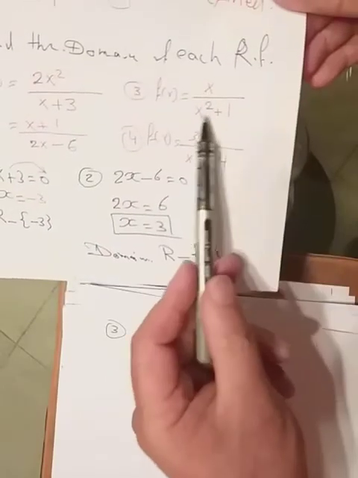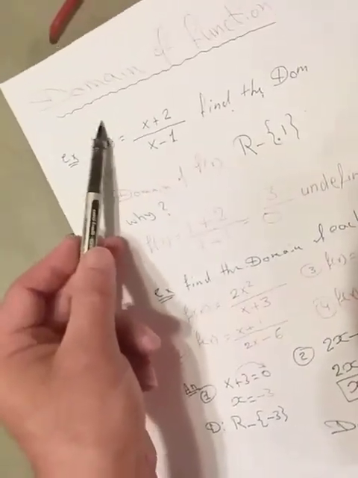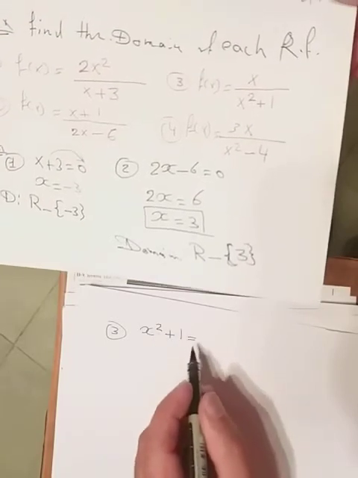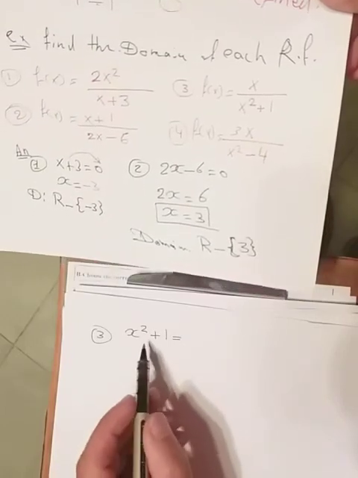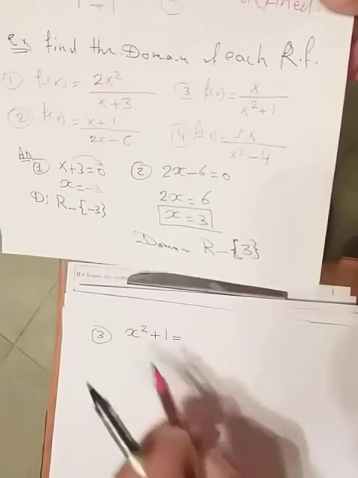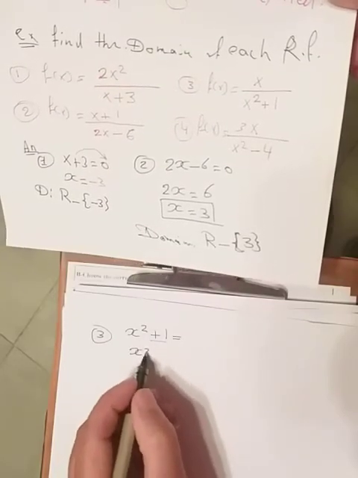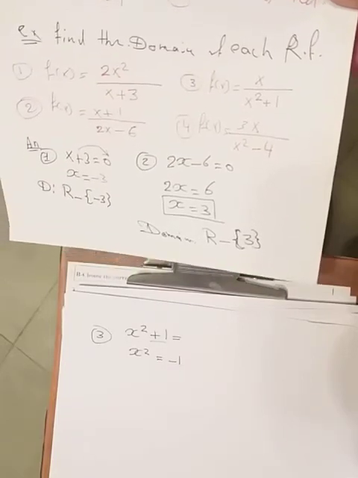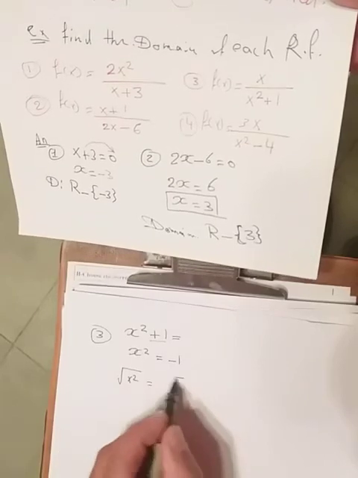Set only the denominator equal to 0 to find the domain. x squared plus 1 equals 0. We move plus 1 to the other side with a different sign, becoming negative 1. Now take the square root.